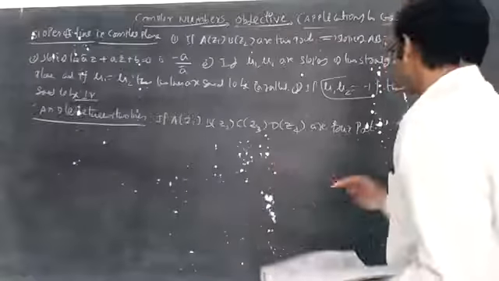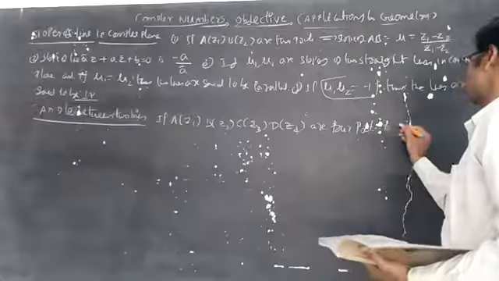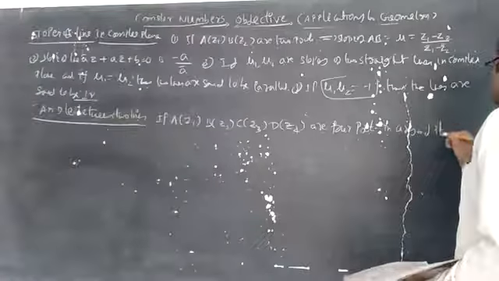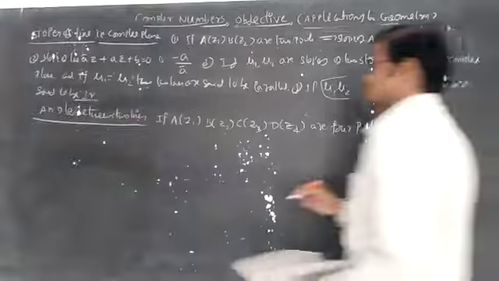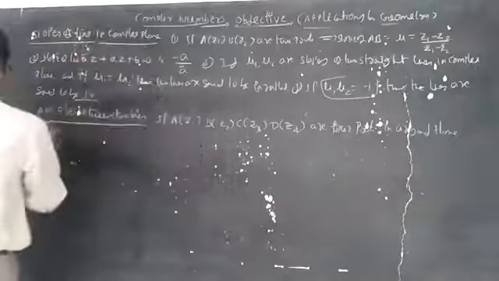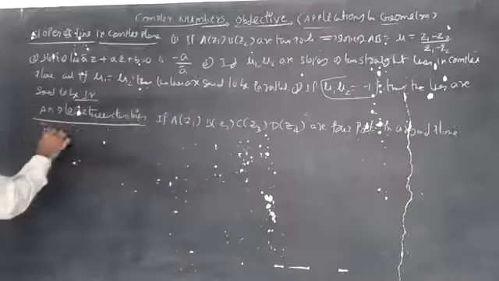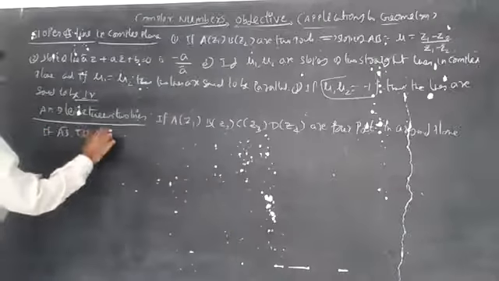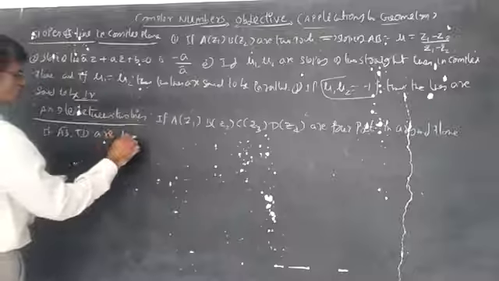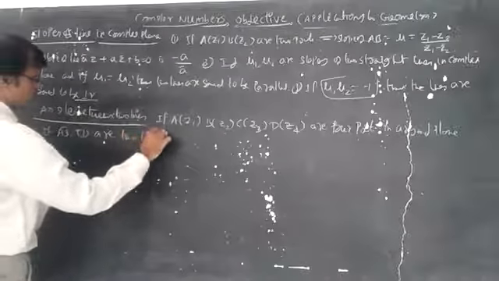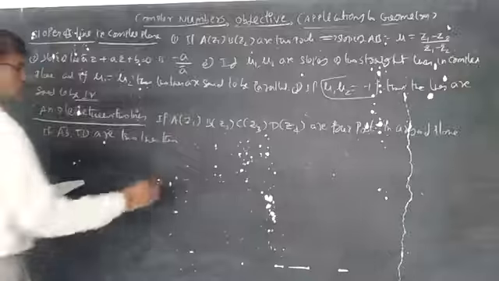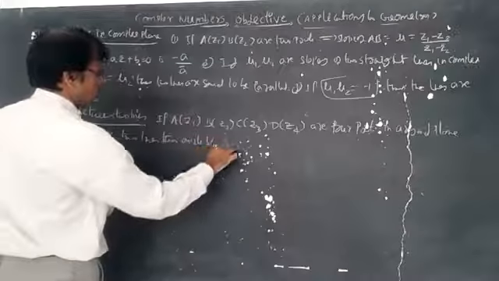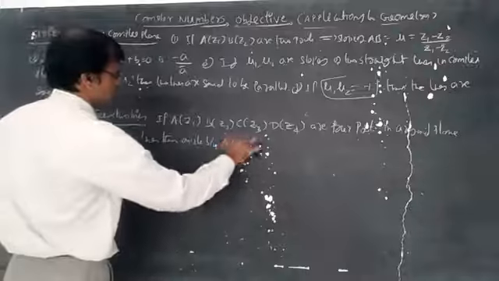We say complex plane or Argand plane. If AB, CD are two lines, then the angle between AB and CD.